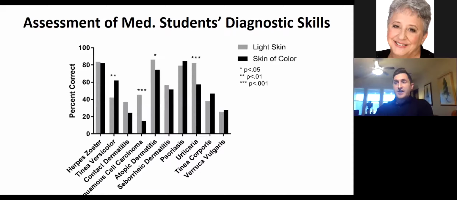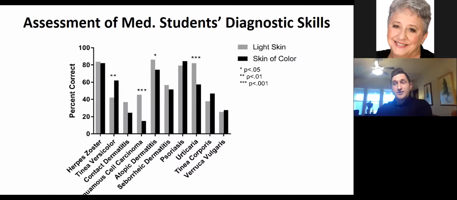We also found that conditions with the greatest disparity in visual diagnosis amongst medical students based upon Fitzpatrick skin phototypes were squamous cell carcinoma, where the discrepancy was the largest, 14.9% versus 45.6%, and that was statistically significant. Also urticaria, 57.5% versus 82.2%, and atopic dermatitis, and that was 74% versus 86.2%.